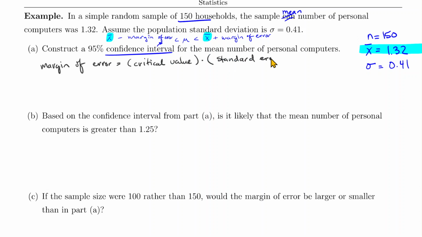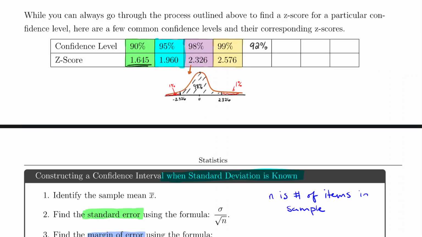Now, the critical value is based off of the confidence level we're interested in, so a 95% confidence level. We've done multiple examples where given the confidence level, we find the corresponding z-score manually. However, this 95%, if I'm paying attention, was already listed in our chart of known confidence levels and z-scores. So to save myself time, I could just recopy that.